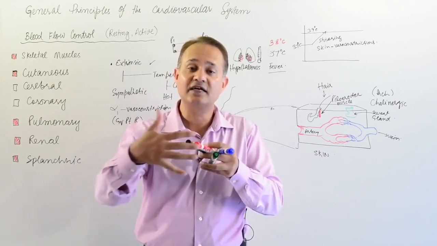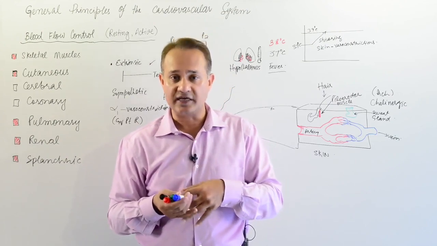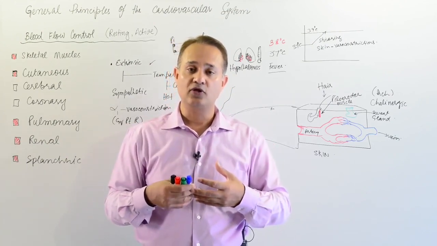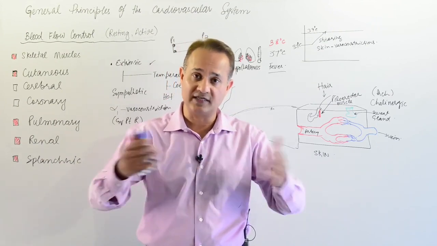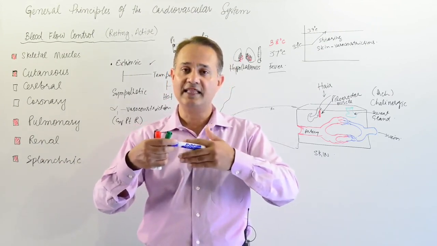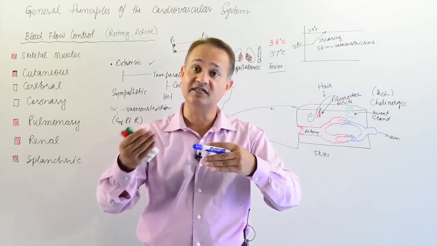So we'll create a blanket of air here. And air is insulating, so that would preserve the temperature as well. On the other hand, if you want to dissipate the temperature, then the hair will become flat with the skin and will not trap any air between them, and so the dissipation is easier.